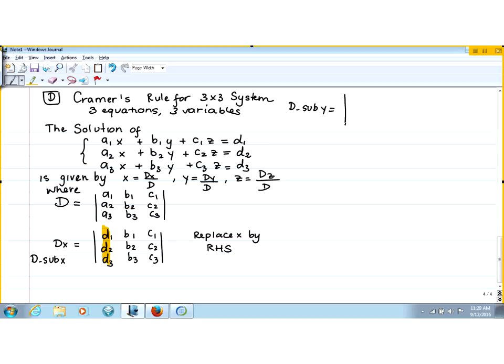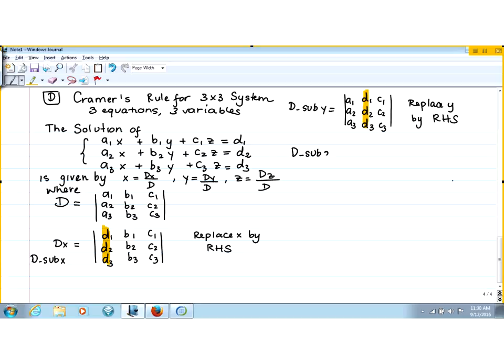Now, I think you could guess D sub y, right? Which one am I going to replace? The y. Y is in the middle. So I replace y by the right hand side, putting D1, D2, D3 in the middle to replace the coefficients of y. And the others are A1, A2, A3, C1, C2, C3.